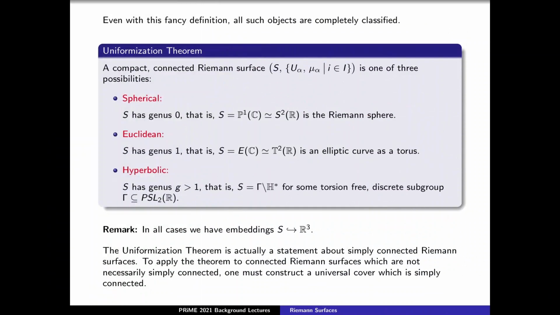And it turns out that we can realize such hyperbolic Riemann surfaces as Γ mod H star. We're going to be introducing this notation in more detail as part of our synchronous session. But for now, we're just going to leave this here and we'll discuss this further. But the main thing is that we have Γ, a subgroup of PSL2(R), and Γ will be acting on this set here, H star, which is defined as the upper half plane.